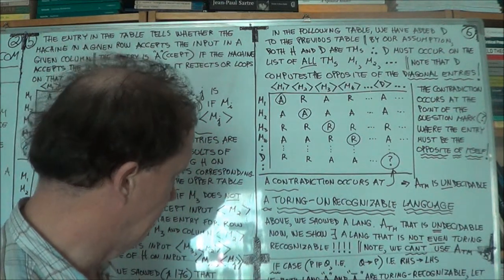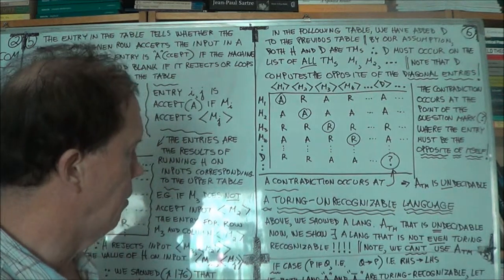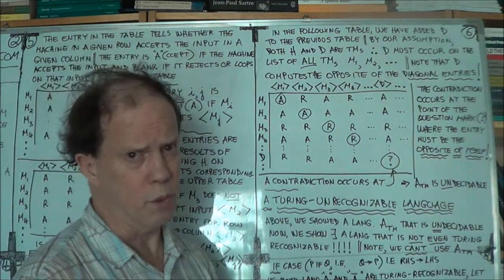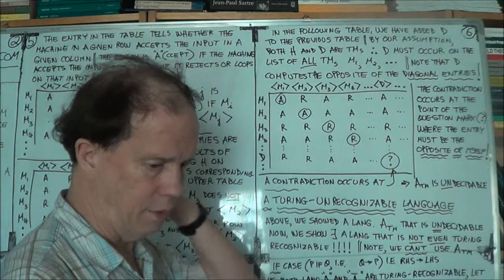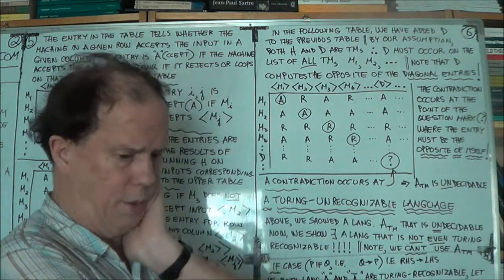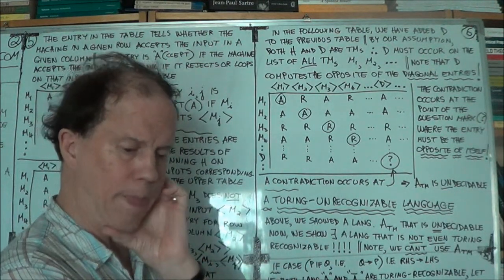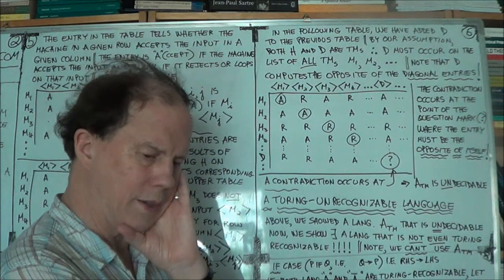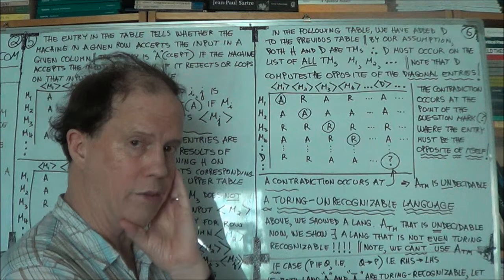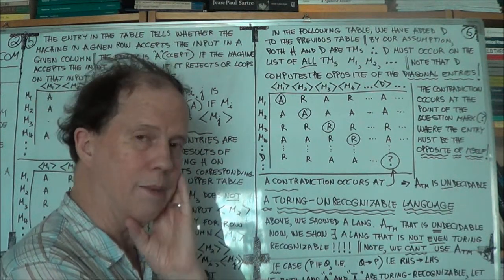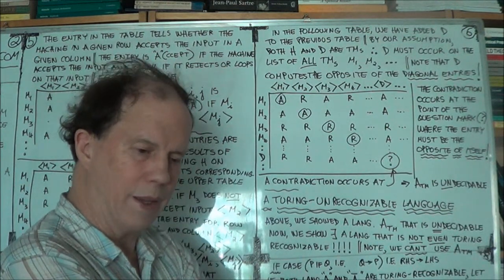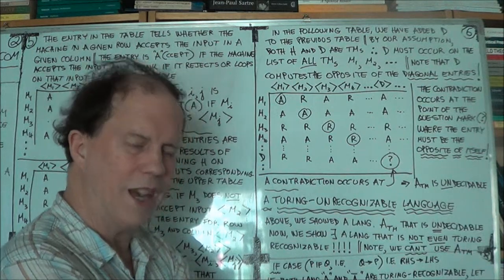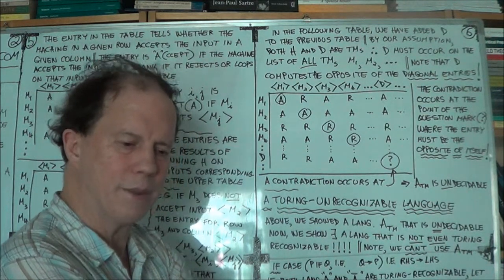Okay. Now, in the last session, pretty much, we will do even more damage. Like I was saying in the first session, we will now show the existence of a language that is not only undecidable, it's worse than that, it's Turing unrecognizable.